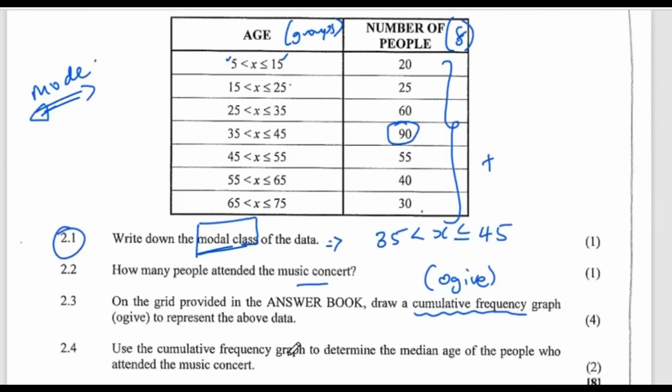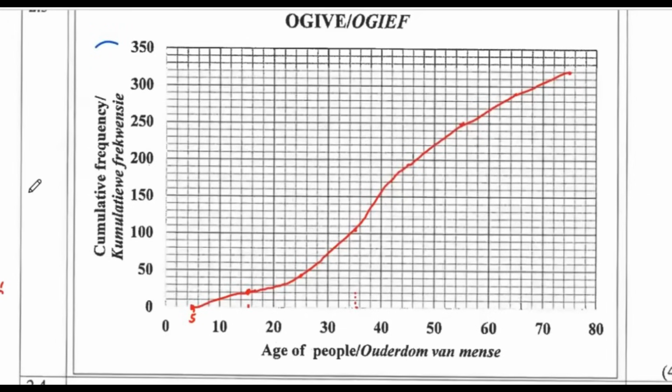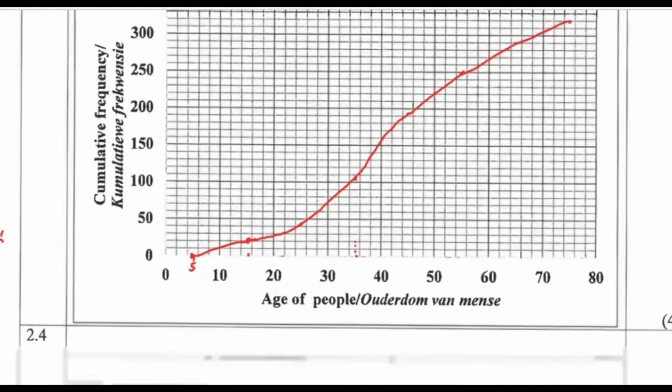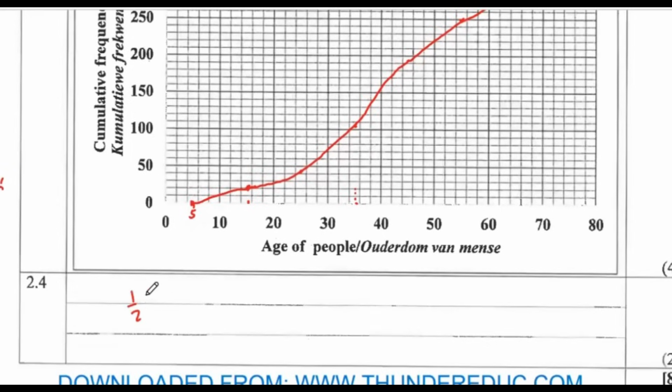Then they're asking us to use the graph to determine the median. All right, so with the median, since we have 320 people, some people prefer using a half of n plus 1 to get just the position.